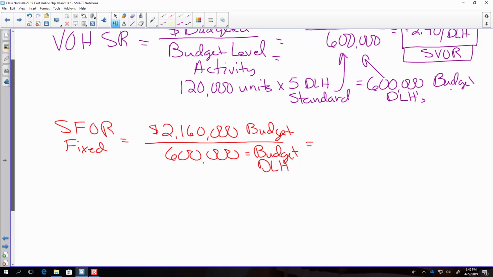So here, our SFOR rate, we're just dividing this out, is 3.6. So 3.6 is our SFOR rate. This is a predetermined rate that we're going to use throughout the year.